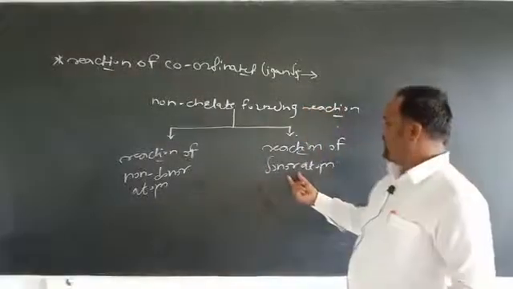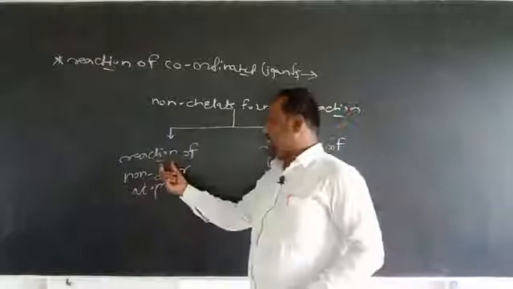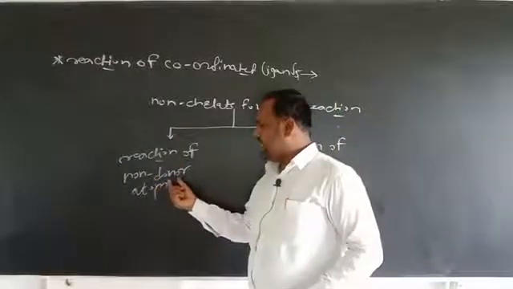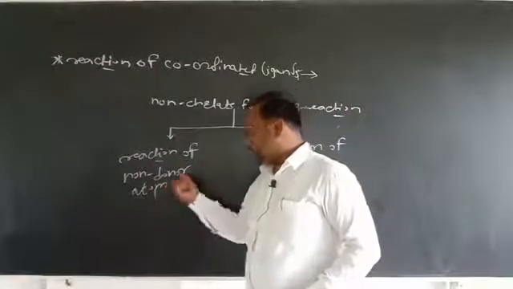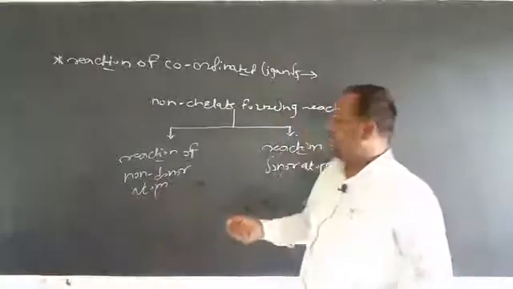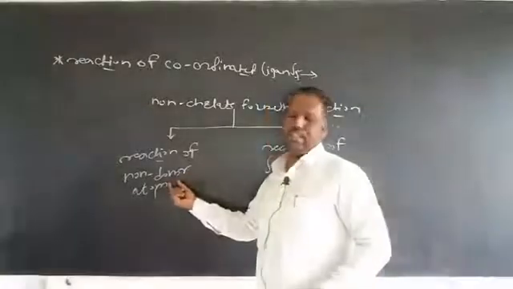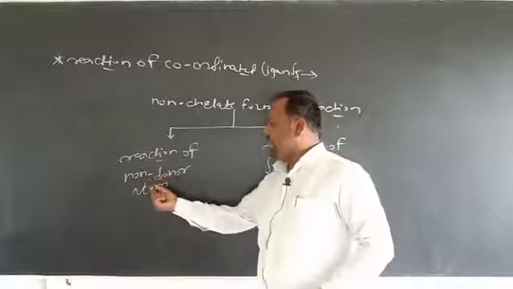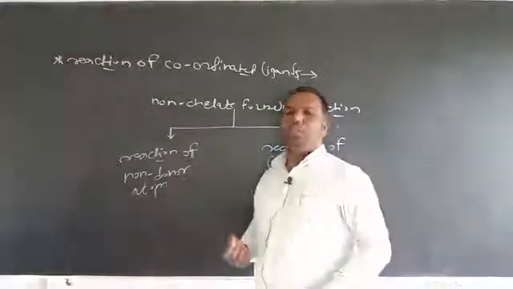In the other case, there is no lone pair on the ligands or on the atom present in the ligands. So, no lone pair is available, therefore it is considered a non-donor atom.